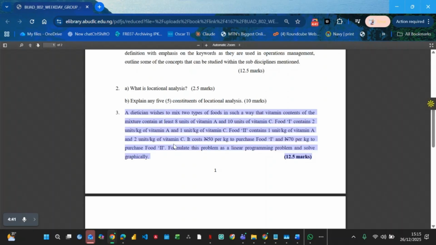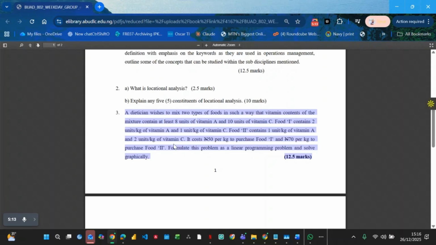So now you start thinking of different kinds of food. In such a way that the vitamin content of the mixture contains at least 8 units of vitamin A and 10 units of vitamin C, right? Now, food one contains 2 units per kg of vitamin A and 1 unit per kg of vitamin C. That is food one.